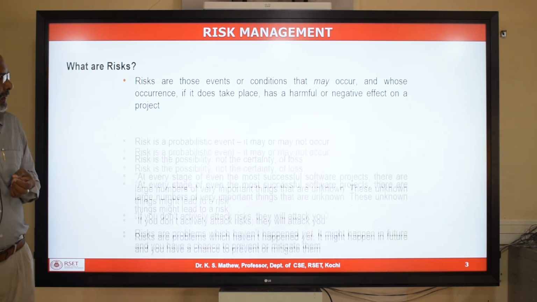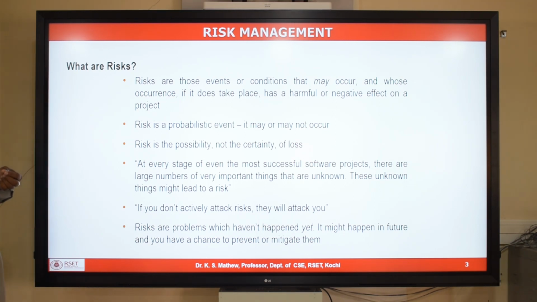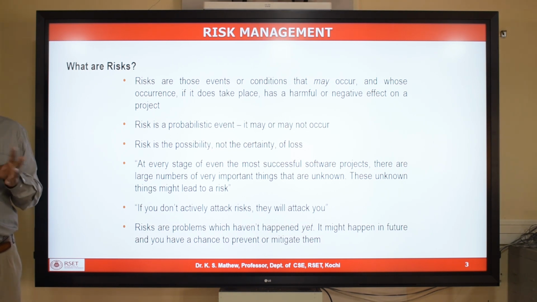Now, as I said, a project risk will also have an associated probability because it may not always happen. It is an uncertain event, so the probability may vary between 0 and 1. It is a possibility of a problem, but it is not certain. At this point, it has not yet happened; you are anticipating that problem in the future.